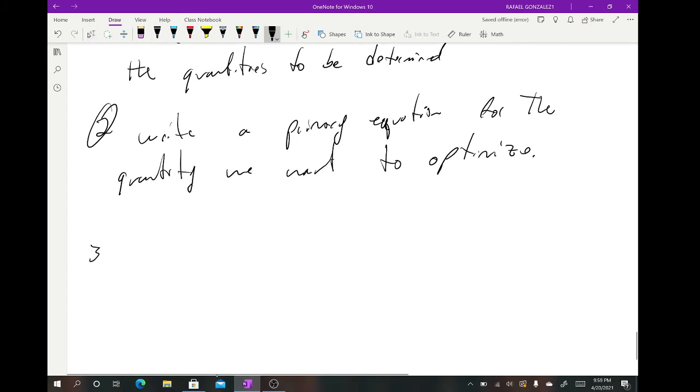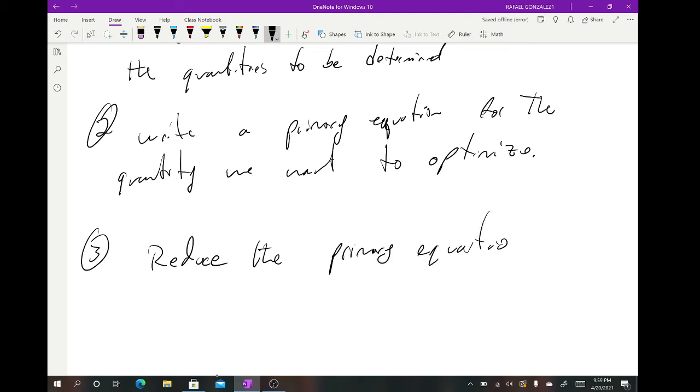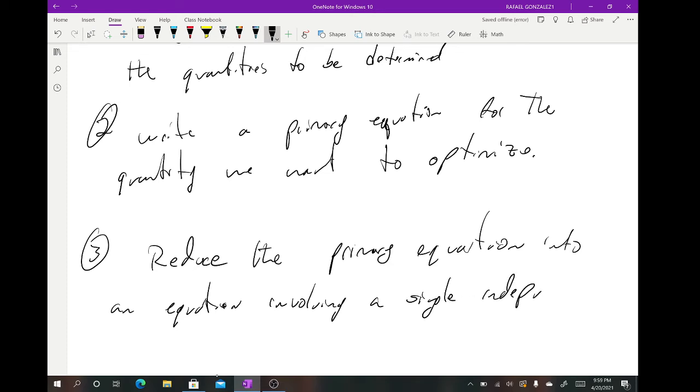Number three, we want to reduce the primary equation into an equation involving a single independent variable.